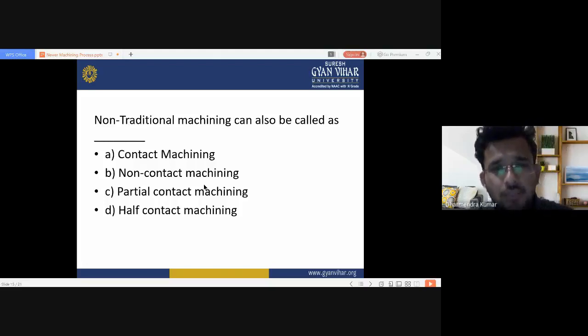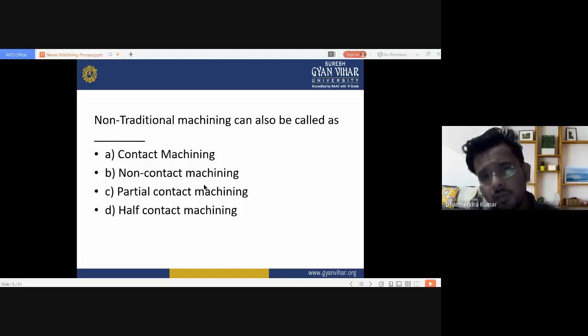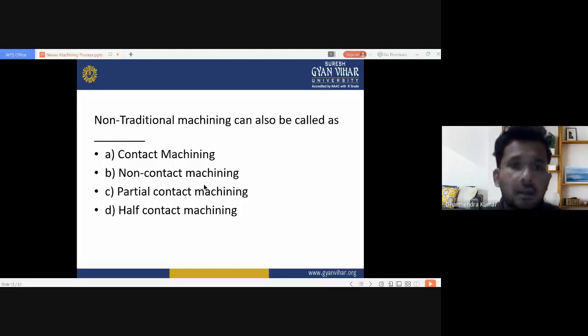Then the second option is non-contact machining. We know that in the non-conventional machining process, there is no physical contact between tool and workpiece. Then our option is, of course, B, because non-traditional machining is also known as non-conventional machining, advanced manufacturing process or system, or non-contact machining, because there is no physical contact between tool and workpiece.